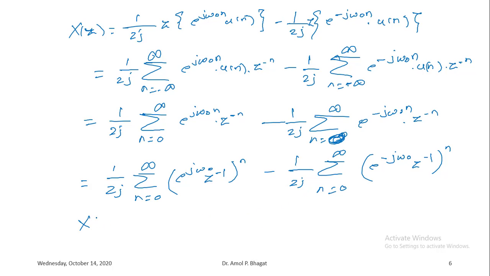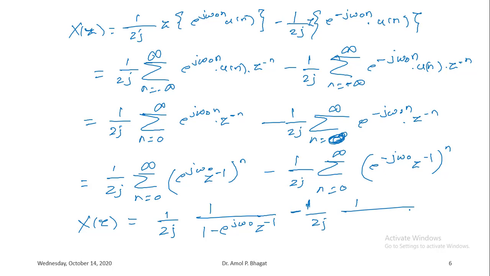So the overall Z transform will be simply x of z is 1 upon 2j into 1 upon 1 minus e to the power j omega 0 z inverse, right? Minus 1 upon 2j into 1 upon 1 minus e to the power minus j omega 0 z inverse.